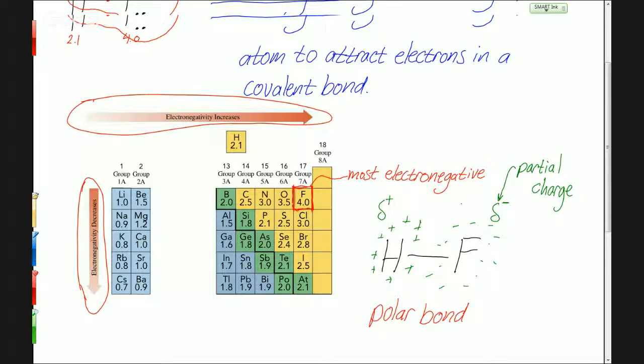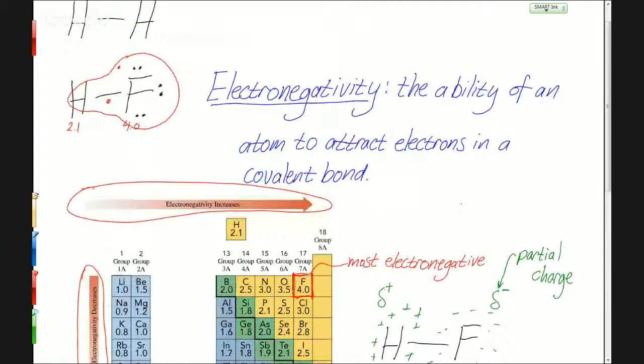The hydrogen one up here, since those would be the same, we would call a nonpolar covalent bond. So you have polar and nonpolar. And you can determine whether a bond will be polar or nonpolar based on whether or not there's a significant difference in electronegativity.